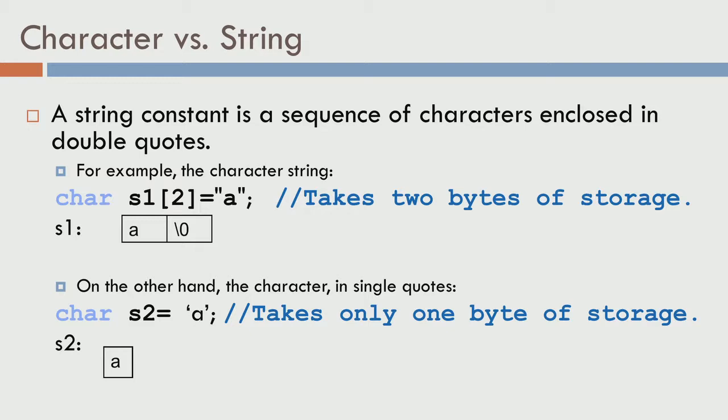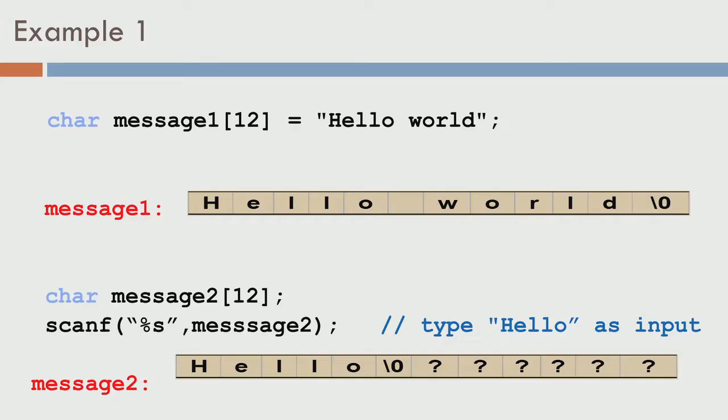On the other hand, if you did character S2 equals within single quote A, that is a single character, and a character requires only 1 byte. So, S2 will allocate only 1 byte and you will store the letter A in it. So, this S2 is a single character, it is not an array, and S1 however is an array of size 2, and it can store A as well as \0. So, there is a difference between the storage that is given to both of these.